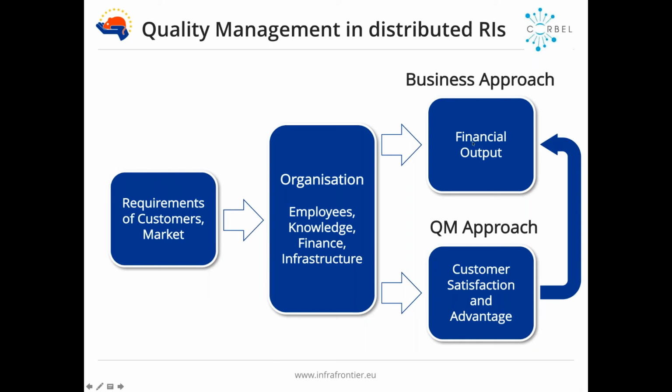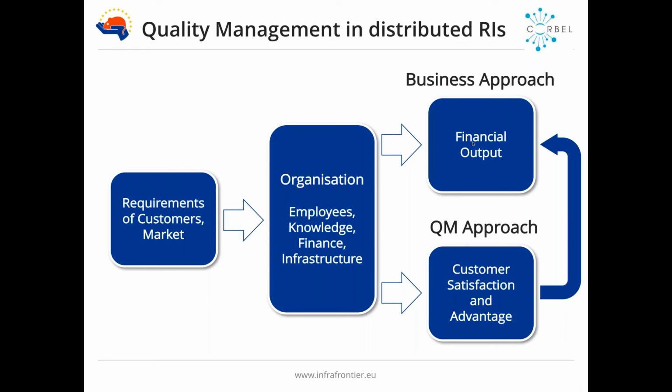In a commercial company, you would usually have a quite direct relationship: if you sell goods and services and your customers are not satisfied, then your financial output may suffer. In the case of research organizations, very often publicly funded, or at least in part publicly funded, this direct linkage may not be that obvious.